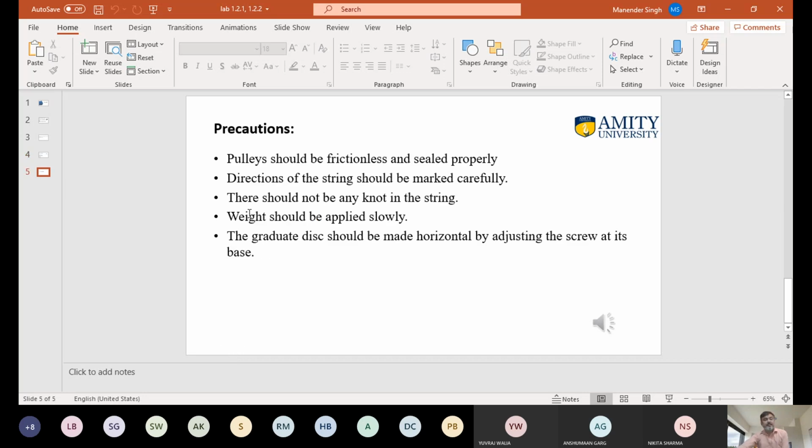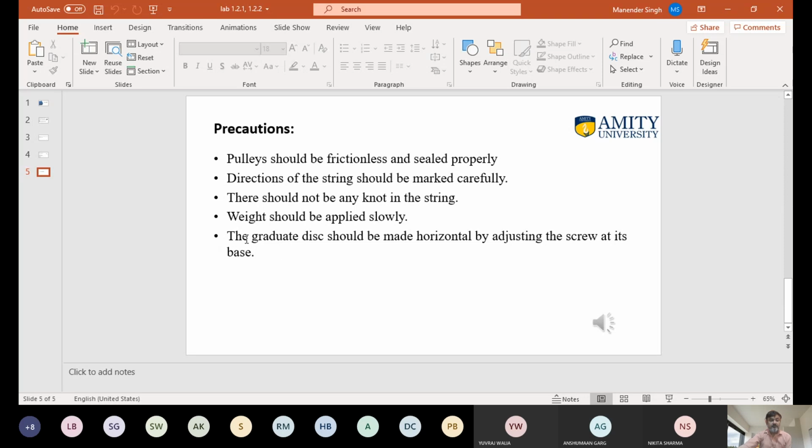So these are the precautions. The pulleys should be frictionless and sealed properly. Direction of the string should be marked carefully. There should not be any knot in the string. Weight should be applied slowly.